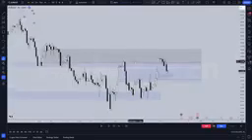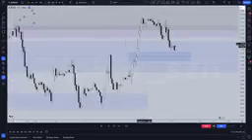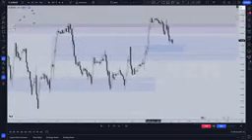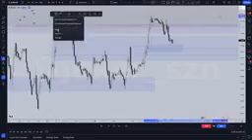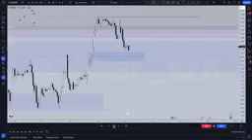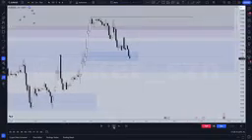So yeah, we will now go to the H1, and we will now wait for Monday, this candle to close, right? We have those clean highs here as well. And now we want to wait how the week is opening and what Monday's price action is going to do, right?